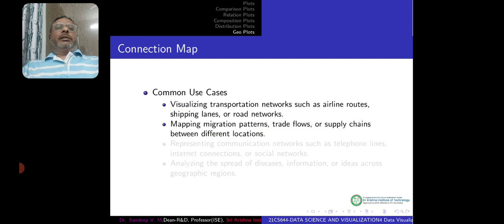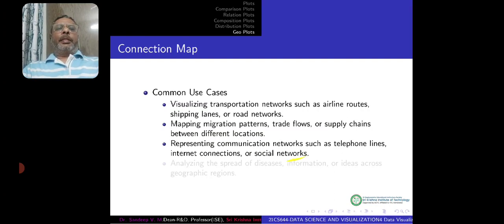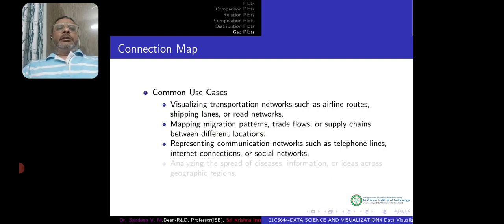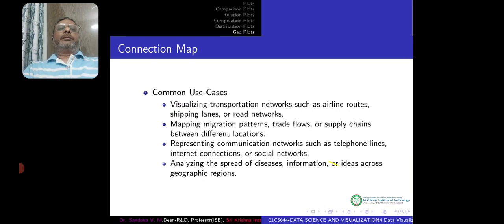Supply chains can be bidirectional, and so on. It can be used for representing communication networks such as telephone lines, internet connections, or social networks. It can be used for analyzing the spread of diseases, information, or ideas across geographic regions.